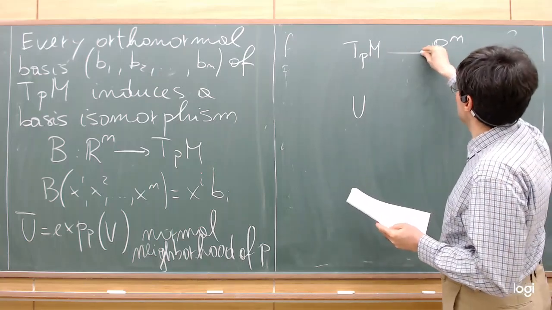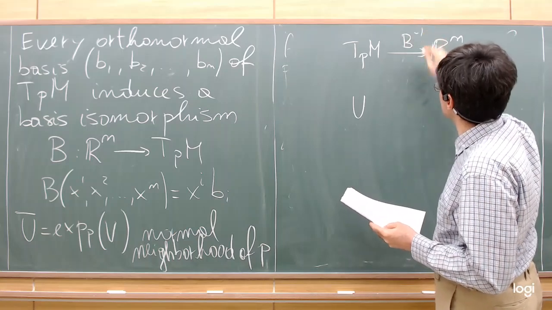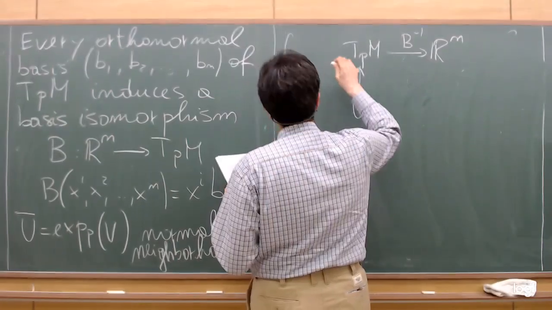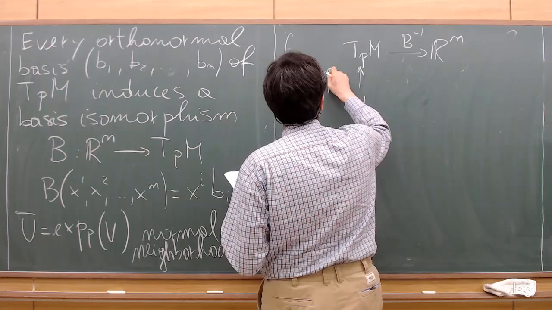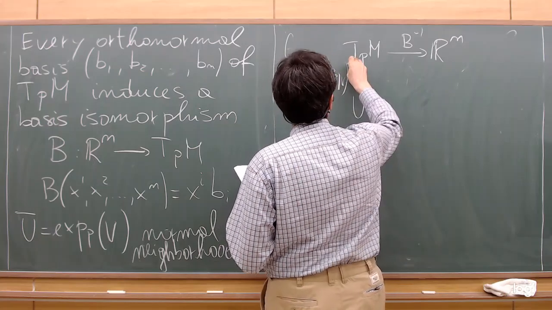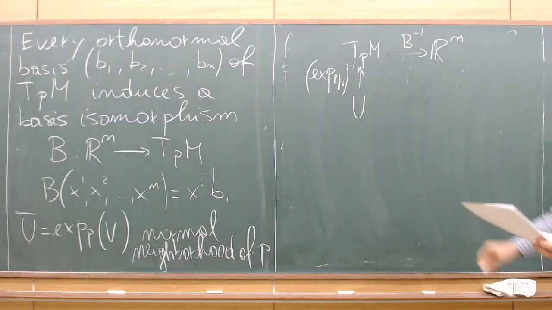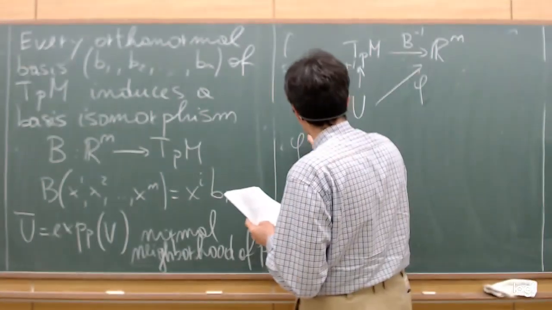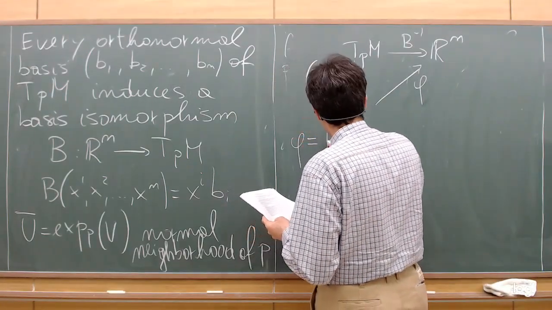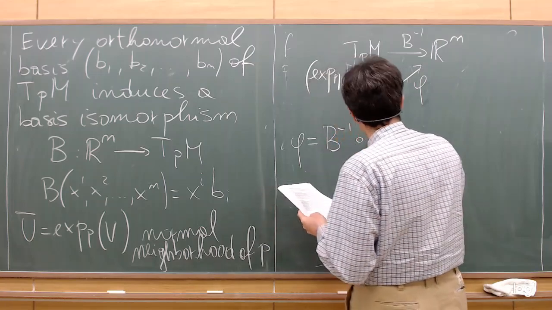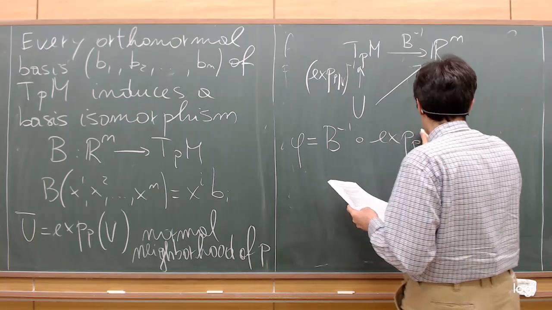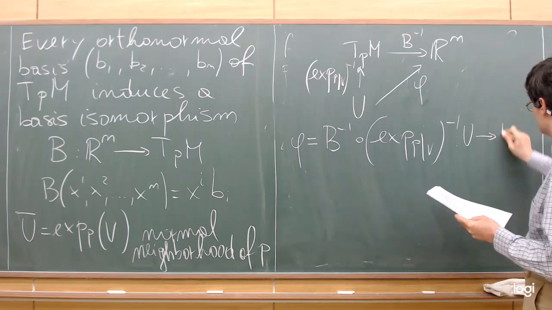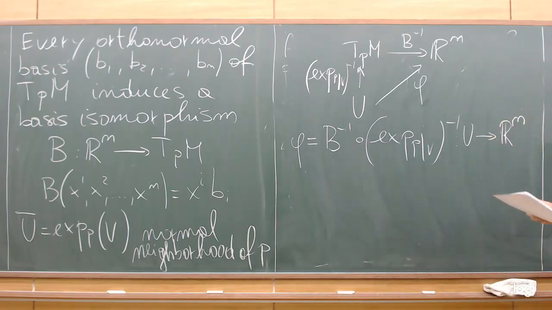This map is the inverse of B, and this map is the inverse of the exponential map restricted to V. And we call this phi. So phi equals B inverse composed with the inverse of the exponential map, and this goes from U to Rn.